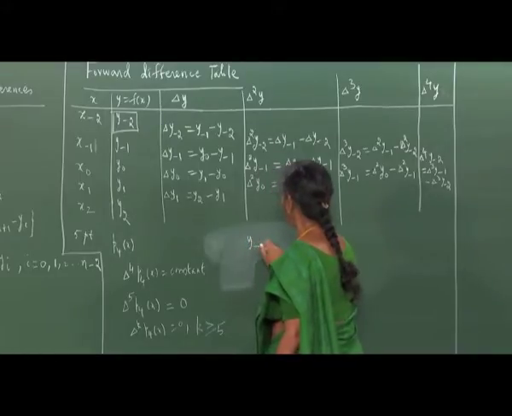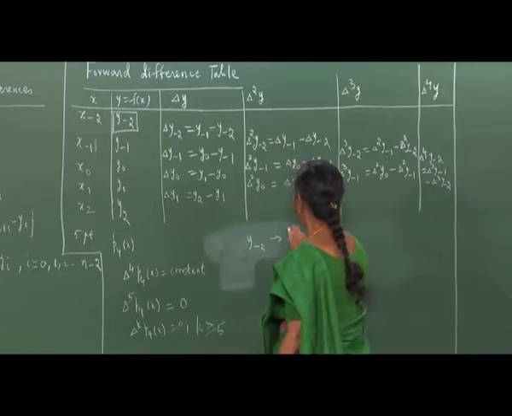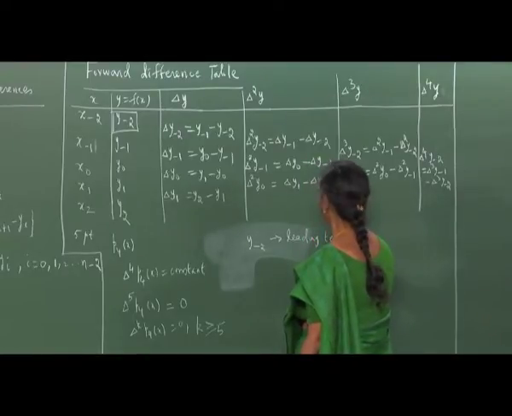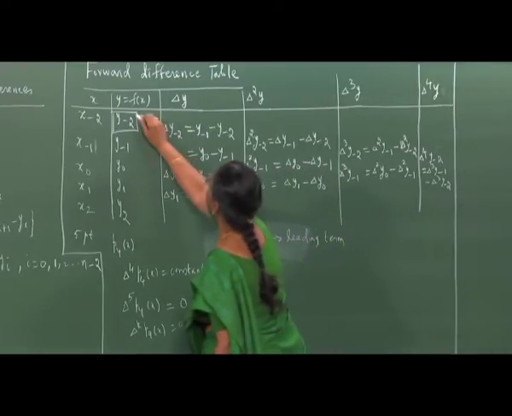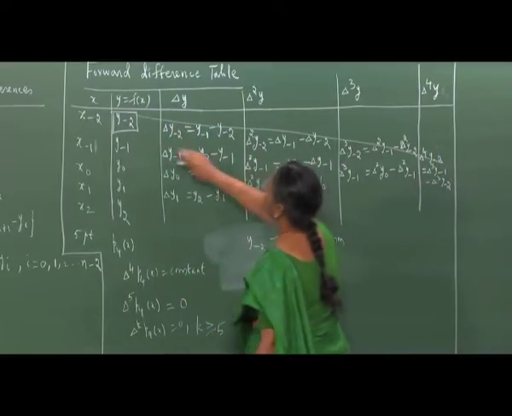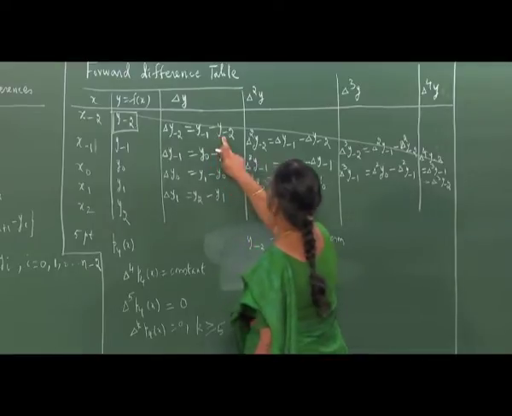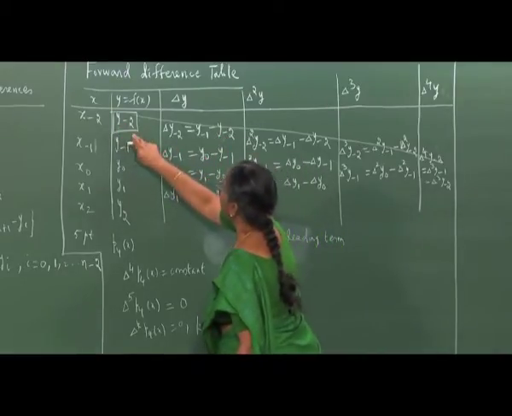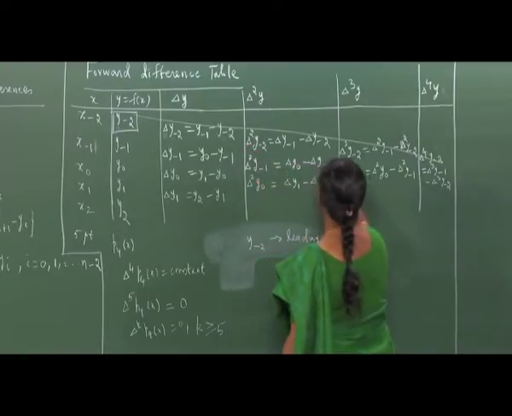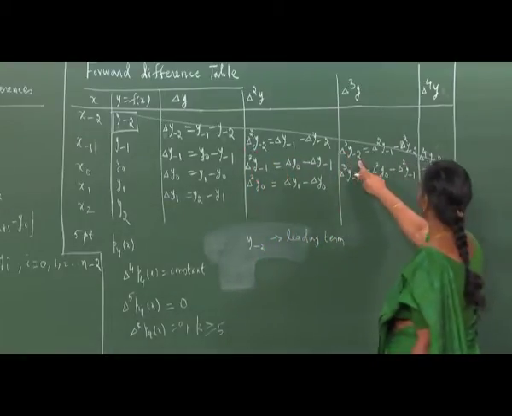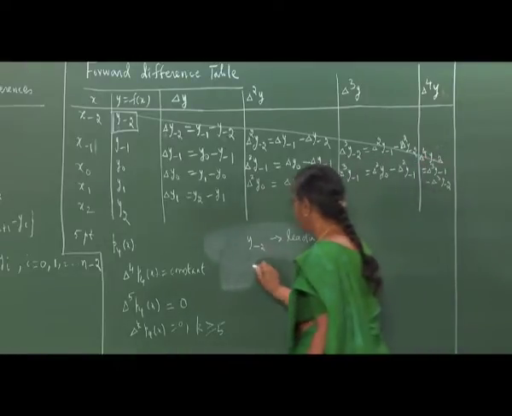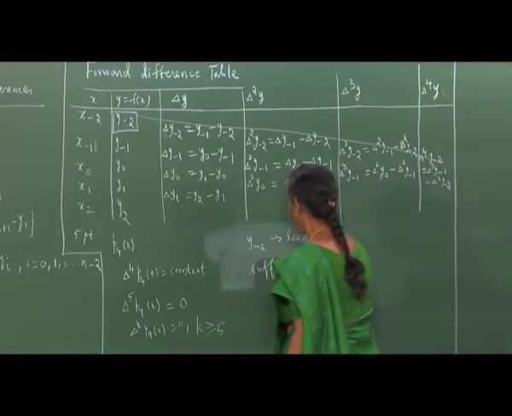Y minus 2 is called a leading term. And you also observe that along this diagonal, the suffixes for y minus 2, delta y minus 2, del square y minus 2, del cubed y minus 2, del power 4 y minus 2 are all the same.